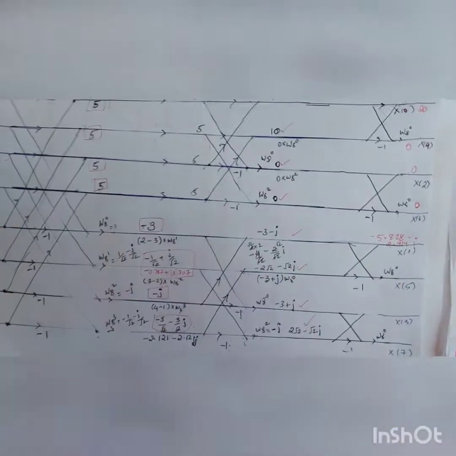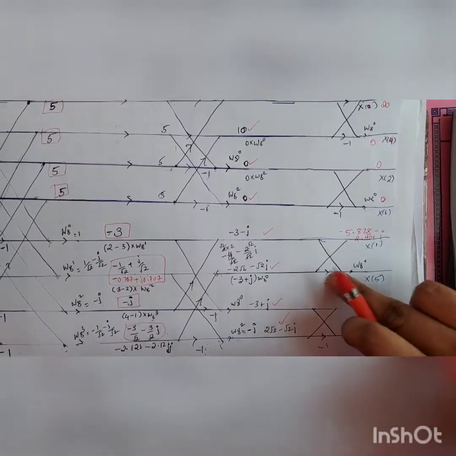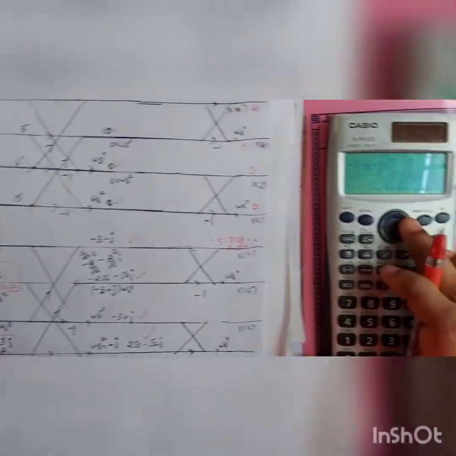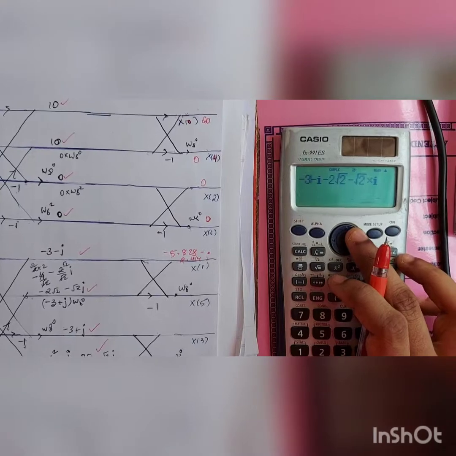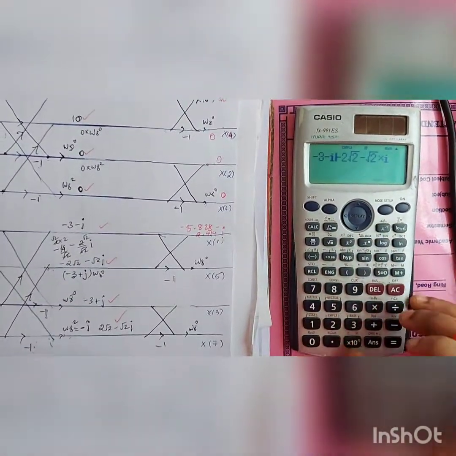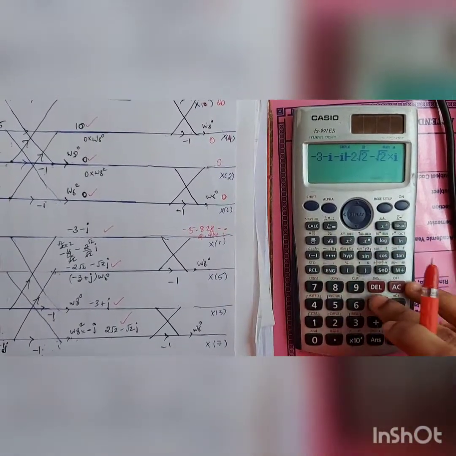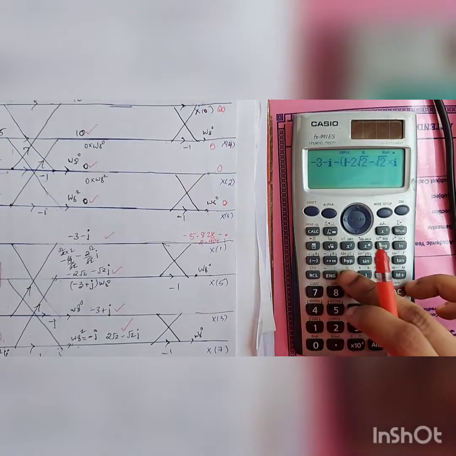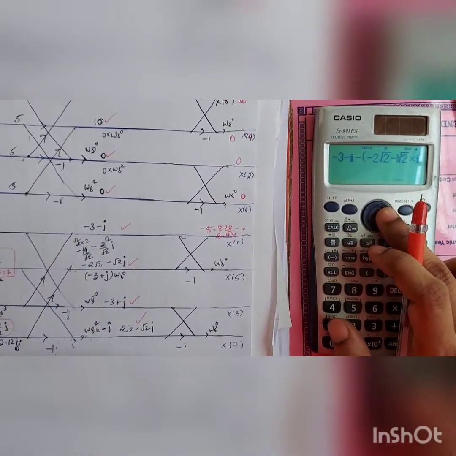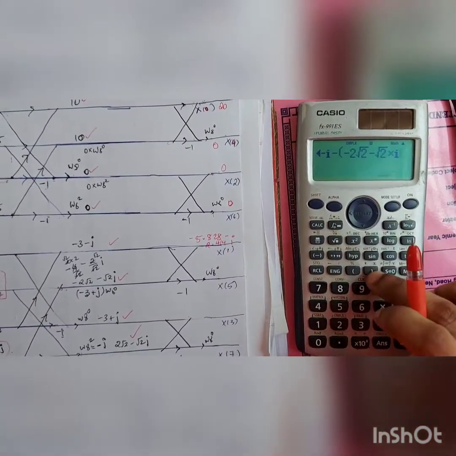What about x of 5? This is same as minus 3 minus j minus of this one. So what I'm going to do, minus 3 minus j, I had added, so now it is minus of this whole thing, sorry, minus of minus 2 root 2 minus root 2 into j.